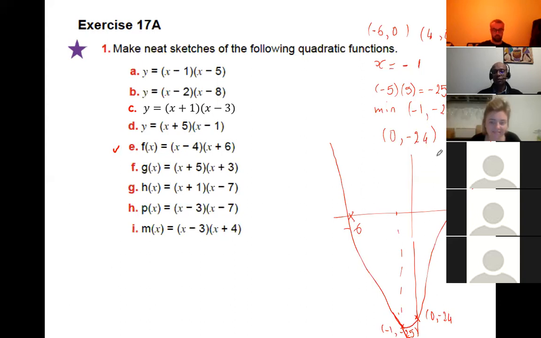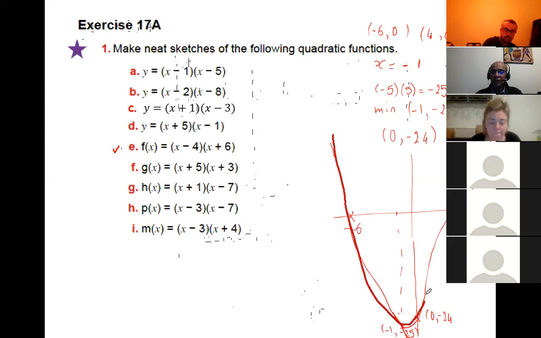So it's all wonky, but it should have been a proper parabola like this. If I use my pad, it should have gone like this and gone through the 4 here. Okay. So you can have a bit of fun with these. But this is how you would draw.